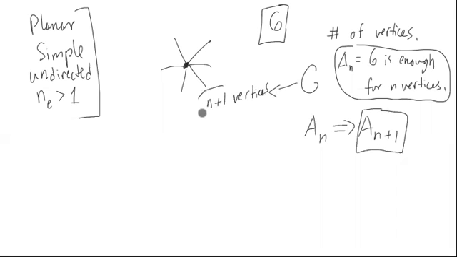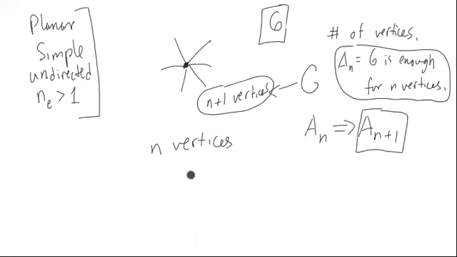Now let's take a look at that graph, and let's remove the vertex that's lurking in there, that has at most 5 connections. If we remove that, you now have a graph with N vertices. Now a few things can happen.